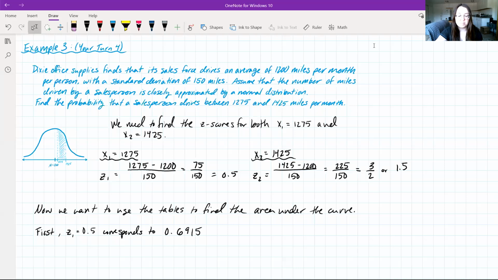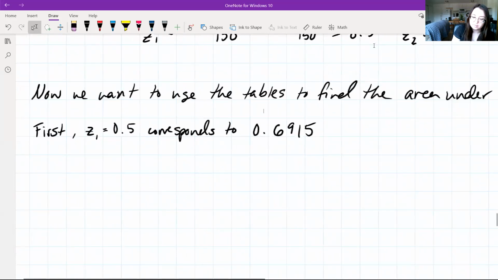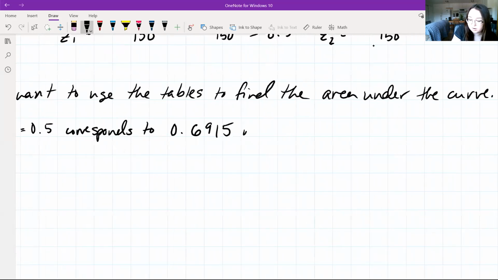And now we can do the same thing for z2 equal to 1.5, where this is going to be our area under the curve.